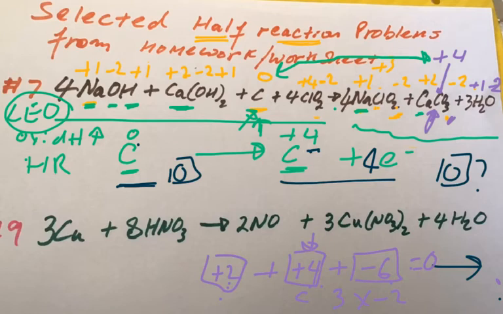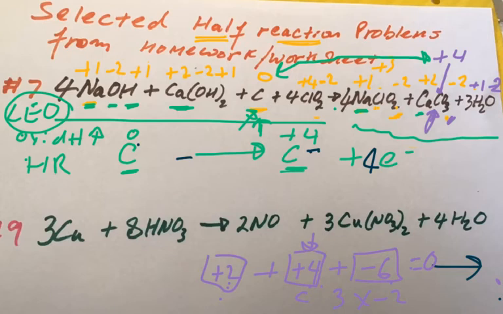Let me get rid of some of this right here so I can do some work. Alrighty. Now we want to do our reduction half reaction, so let's do a different color. RED, for short, reduction HR. Now you look at the equation and tell me what substance from left to right went down in oxidation number.